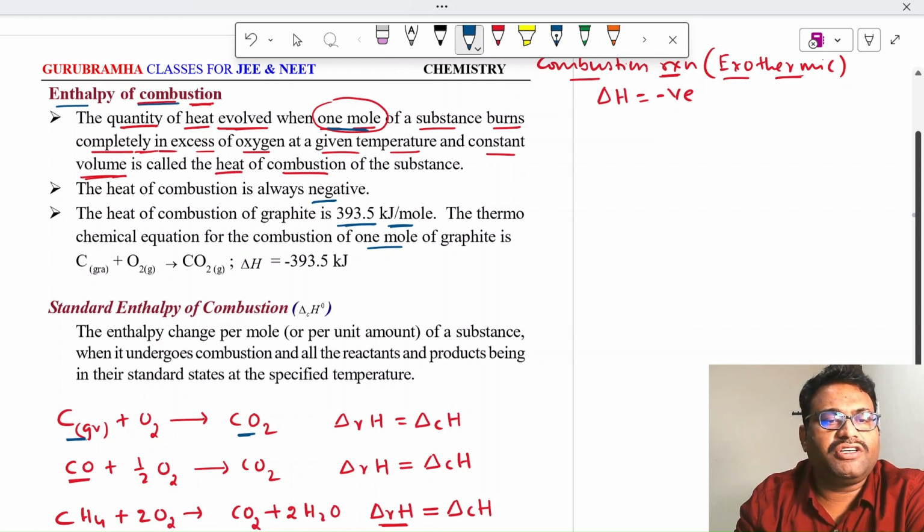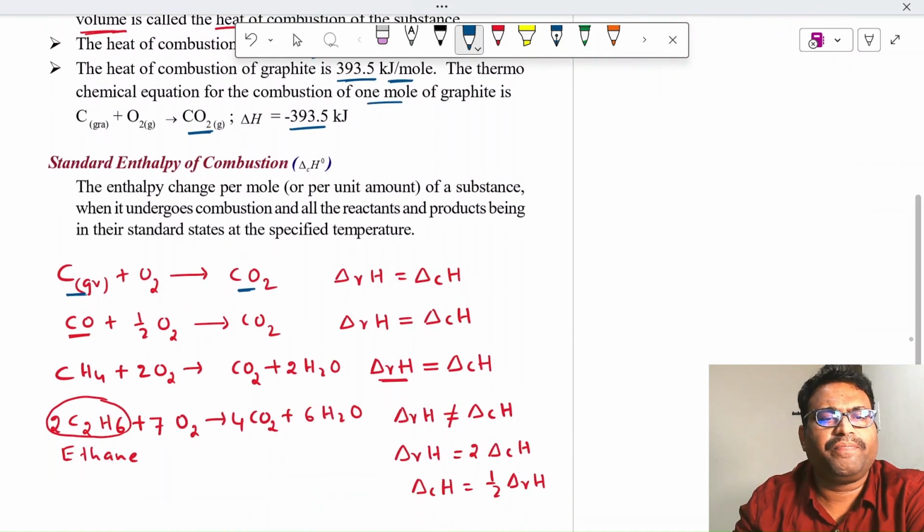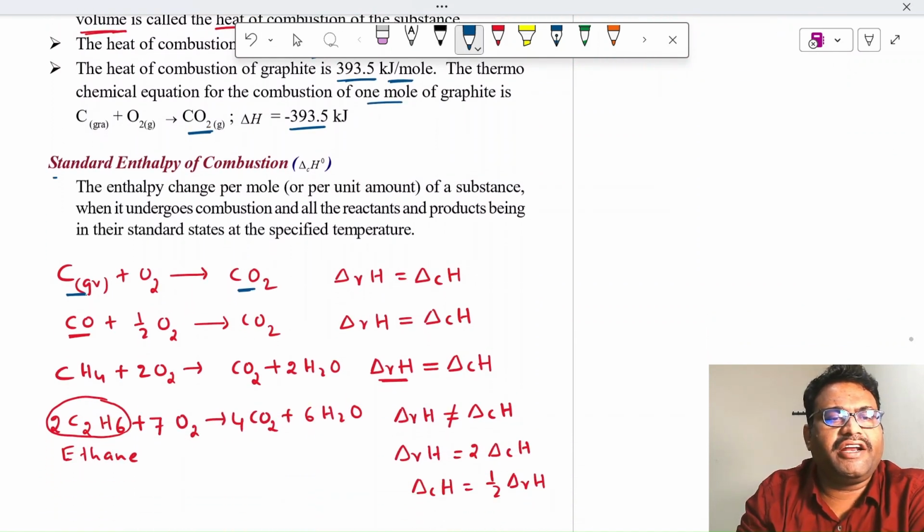See, graphite in solid state combusting with oxygen, carbon dioxide is formed. When carbon dioxide is formed, we understand that it is undergoing complete combustion. 393.5 kilojoules of energy is released, right? Standard enthalpy of combustion.